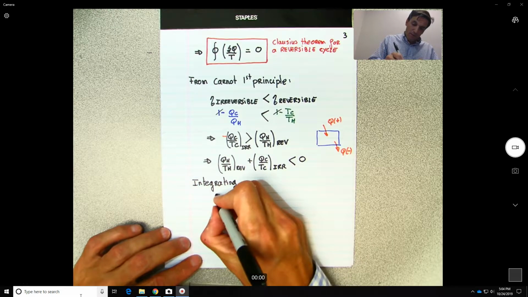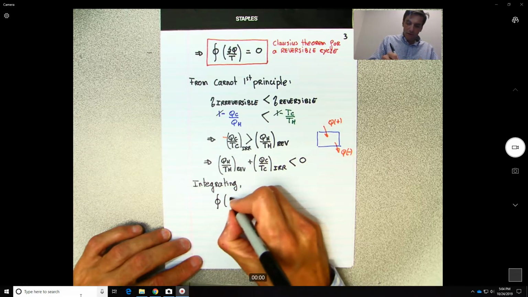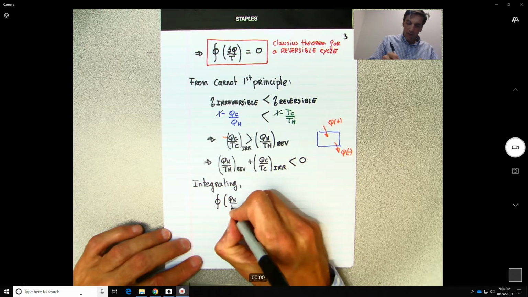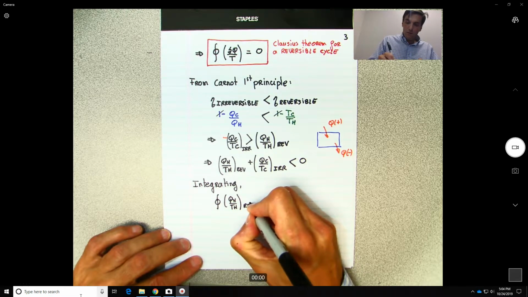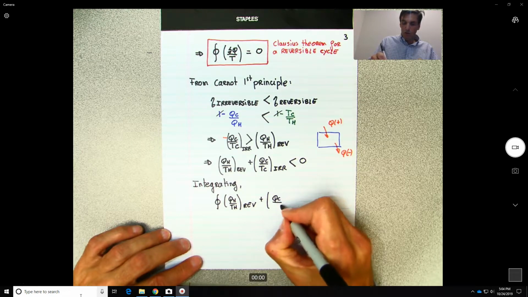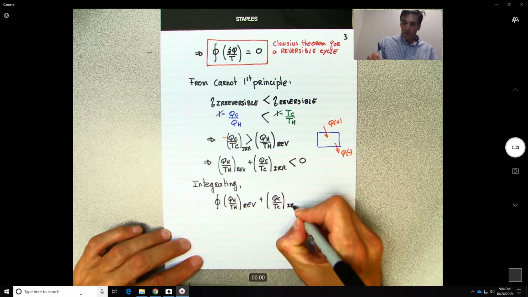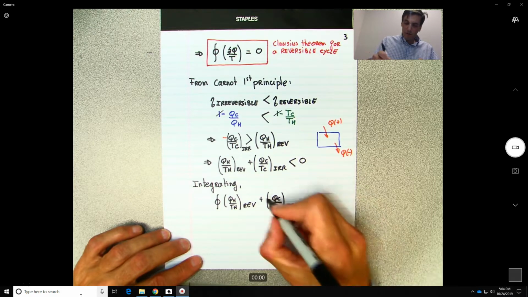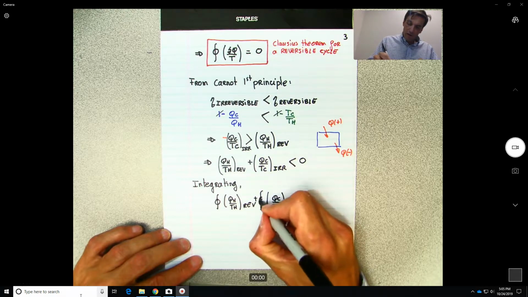So if we integrate, what do we have? Let's integrate one by one. We're going to have Q_H over T_H reversible plus Q cold over T cold irreversible. Maybe I should do the integral here as well.